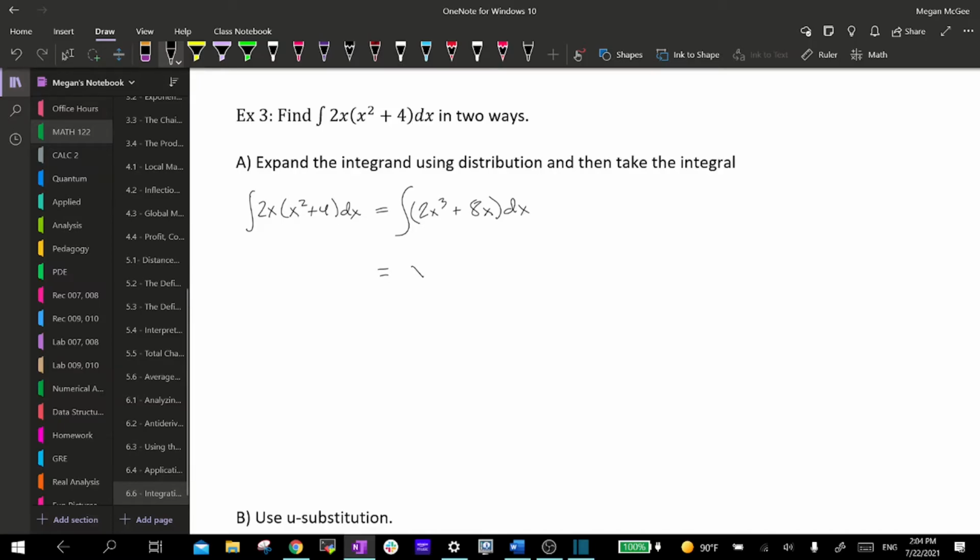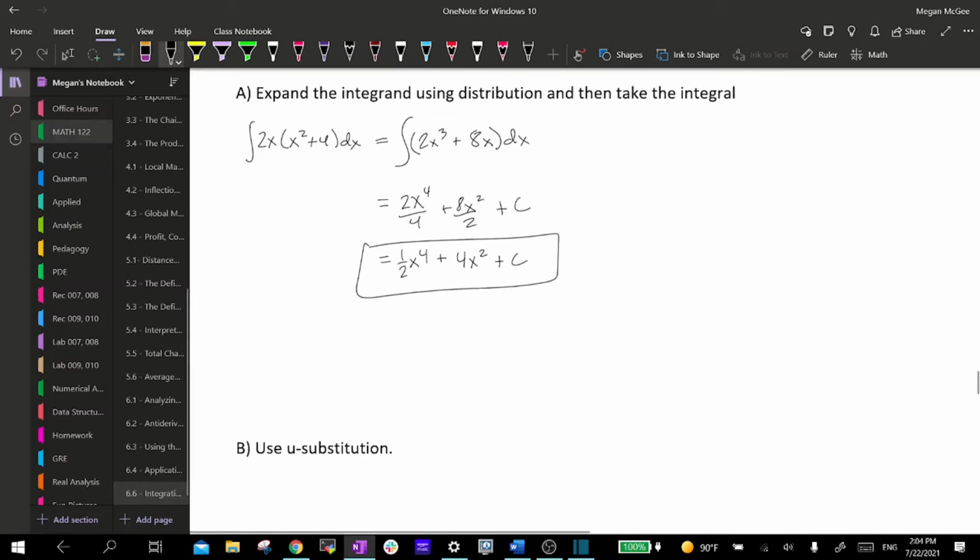So we'll end up with x to the 4th, 2 over 4, plus x squared, 8 over 2, plus c. If we simplify this, we get 1/2 x to the 4th plus 4x squared plus c. Okay? So that's how we can take that integral using distribution.